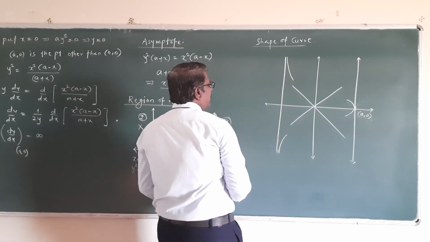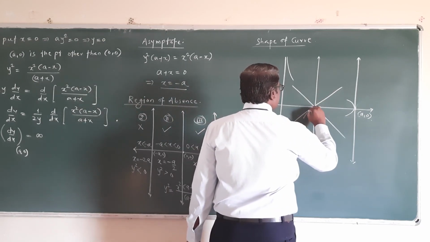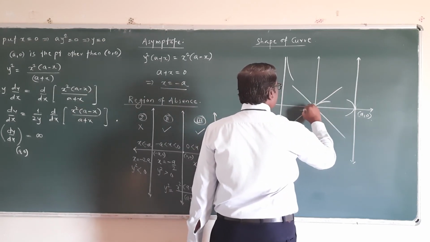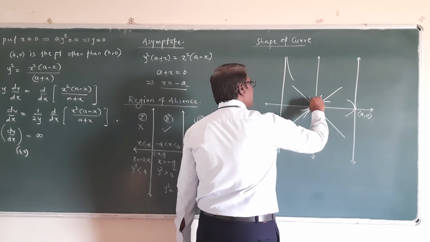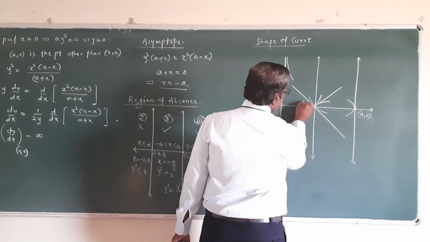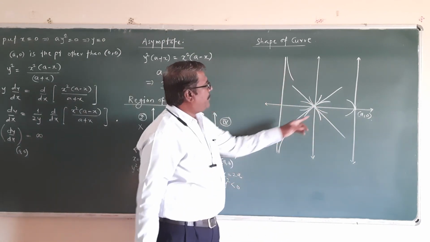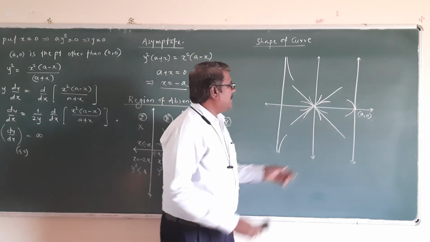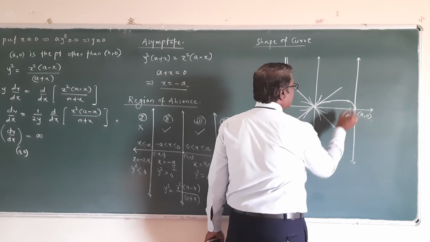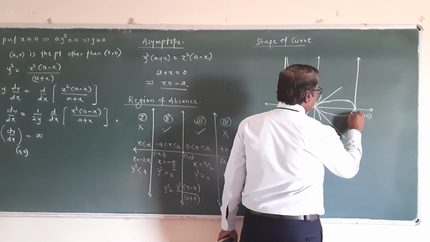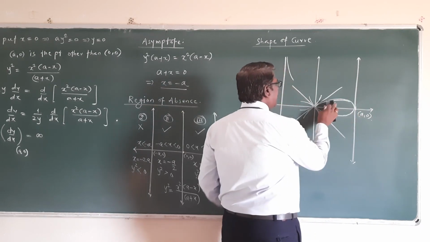Now this line is tangent. So this is the possible curve, and again on this side also. This line is tangent. This is the possible curve, and again on this line also. Now the part of the curve lies on this side. So I will extend these two curves, and here also I will extend this curve.